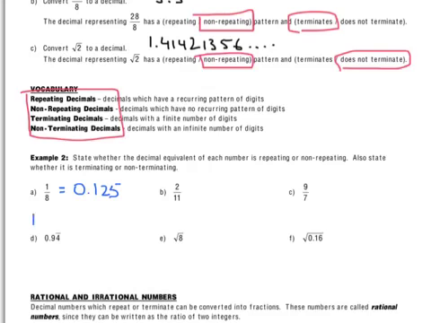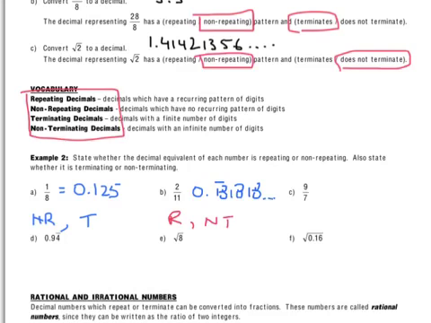So I'm going to just put NR, non-repeating, and comma, it obviously stops, so it's terminating, and I'm going to put a T right here for terminating. Okay. 2 divided by 11 gives us 0.181818 and so on. So this one here is repeating, comma, non-terminating. It keeps going on forever in this pattern.